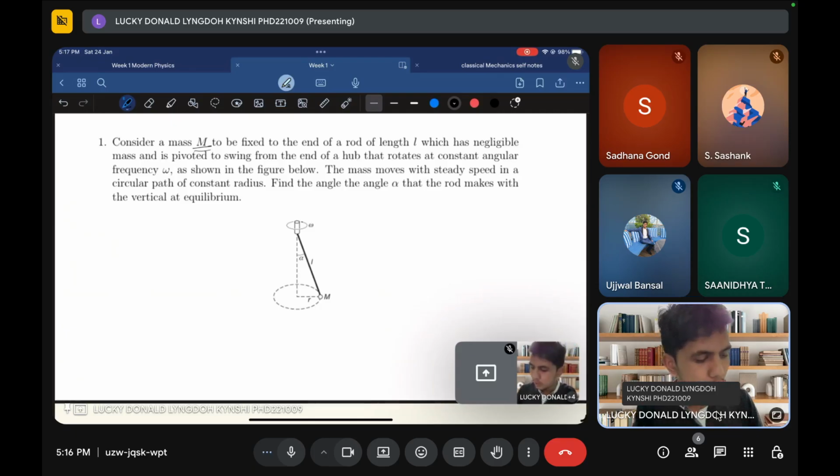So consider a mass m fixed to the end of a rod. As you see here, a mass m is fixed to the rod of length L. In other words, I will redraw it again.